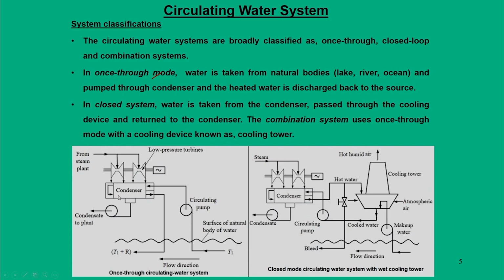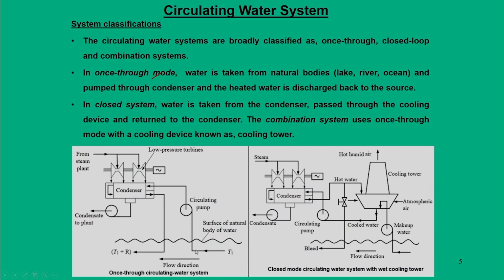If you see this figure, we can see the condenser that takes in the exhaust that comes from the turbine. This heat must be rejected to the cooling fluid. Here the cooling fluid can be the circulating water, and this circulating water can come from a natural body of water, the surface of the water.